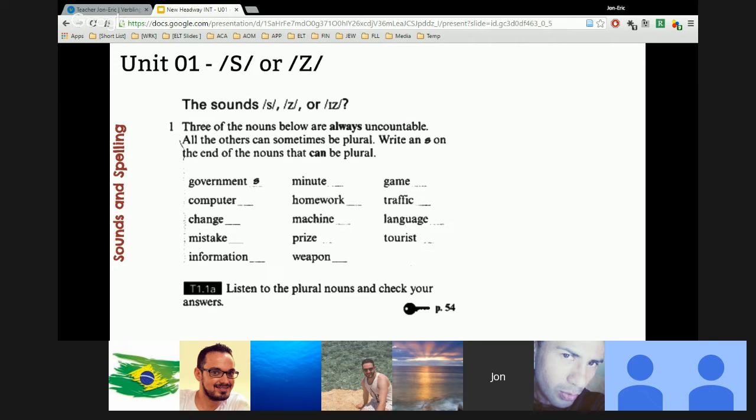Now, take a look at the last word in the first column. Information. Can it be plural? Uncountable, correct. It cannot be informations. Not possible. Okay. Mr. Sergio, look at the first word in the second column.